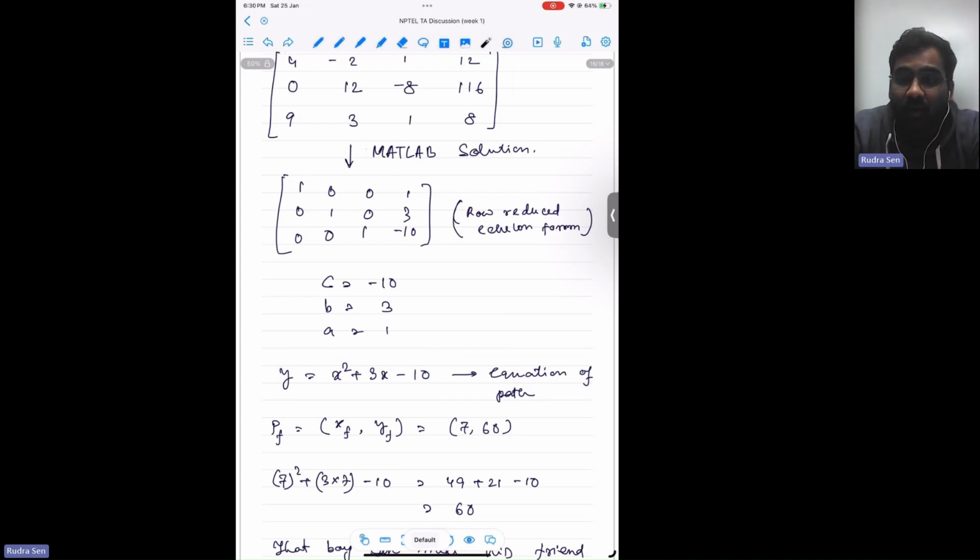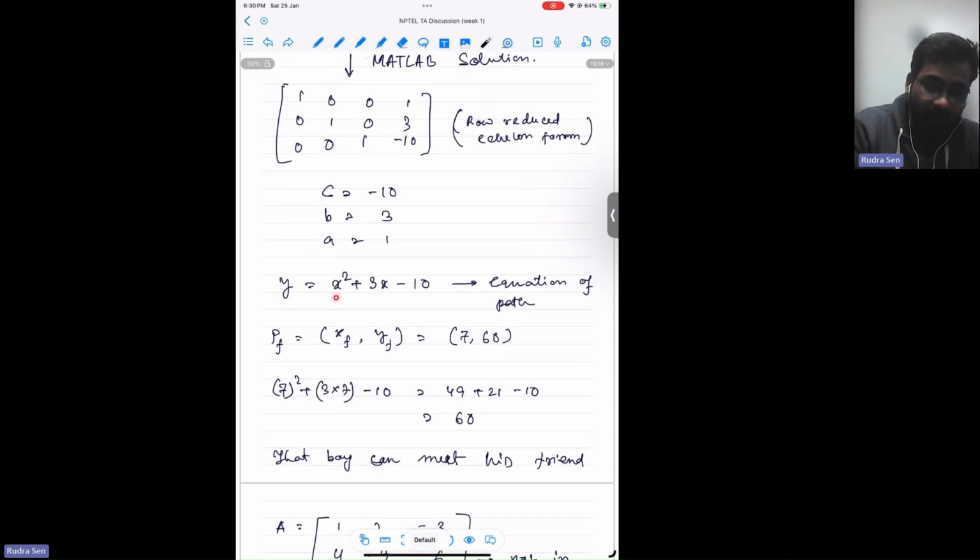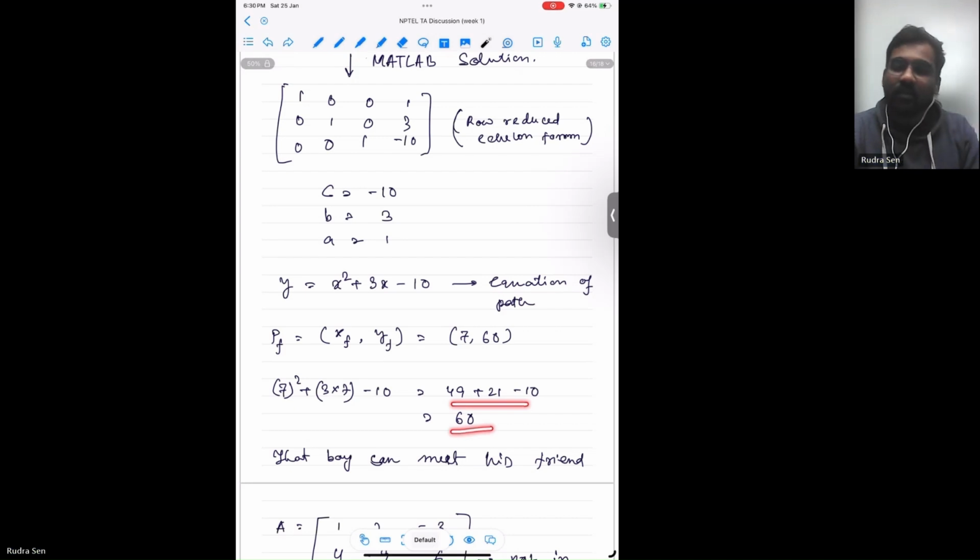Now you have to check the point where the boy's friend is waiting, that is (7, 60), whether that point satisfies this equation or not. That means if we put the value of x over here, we should get the same y as the coordinate point. Now we put the value of x, that is 7, and we get 60, which is the value of the y coordinate.